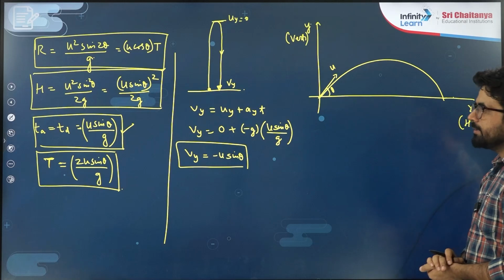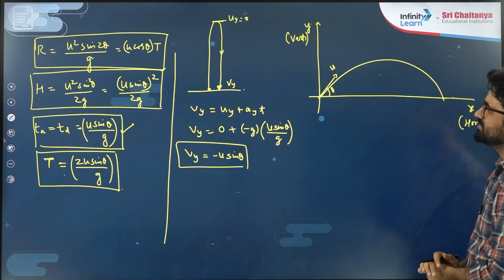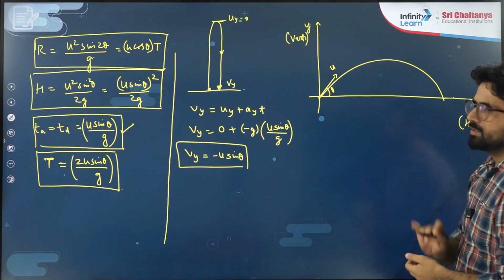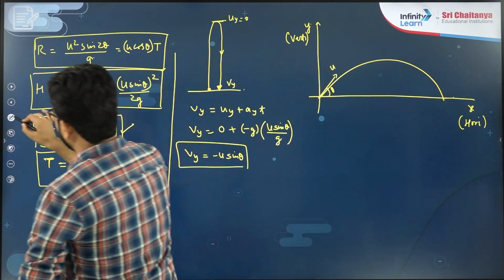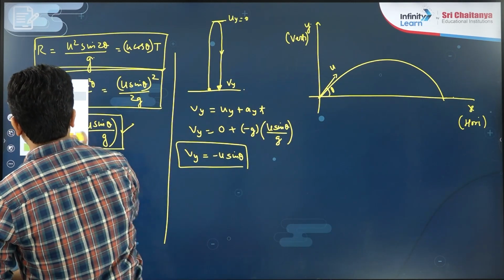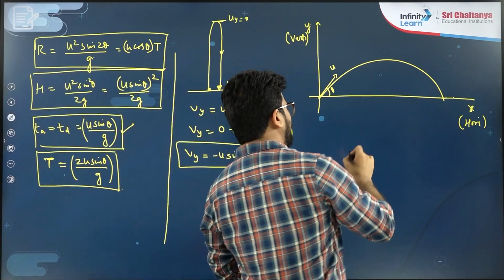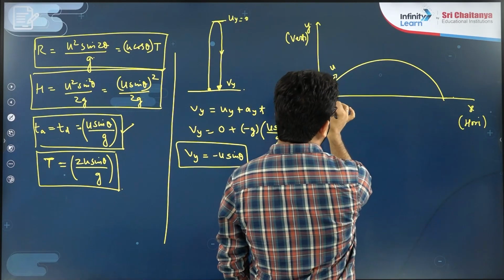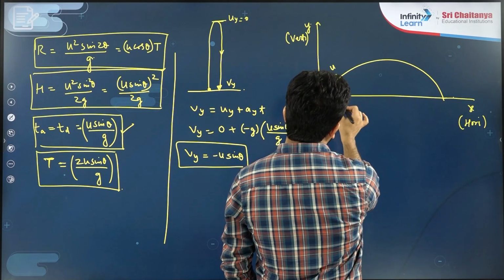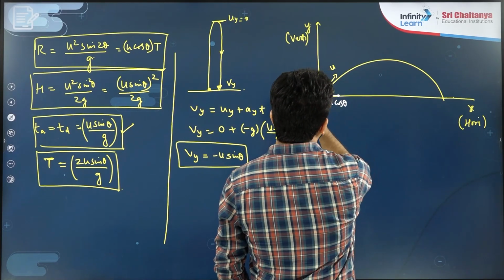This is a very basic thing. Now focus on this board, you will understand that this particle is moving from here to here. So what are the things we understood till now, that we have to focus on. Very first thing, horizontal velocity is u cos theta, vertical velocity is u sin theta.